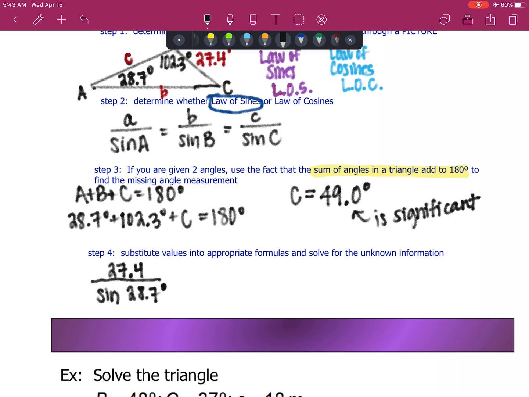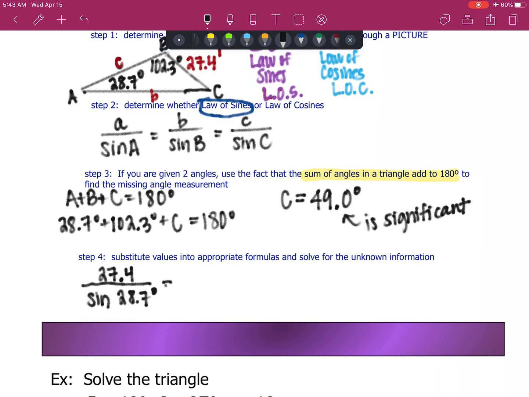So side A over the sine of A is equal to side B over the sine of angle B, which is equal to side C over the sine of angle C, which we determined was 49.0 degrees, and the decimal ended, so it's not like I'm putting a rounded value in there.